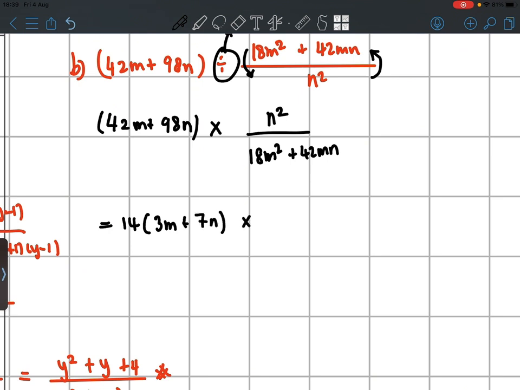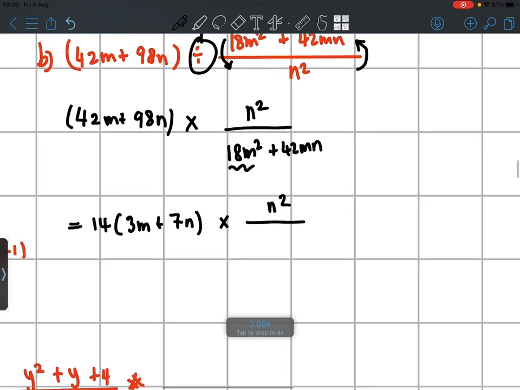So we multiply with the n square divided by, so we try to factorize this one. Okay, so we take out 6, right?